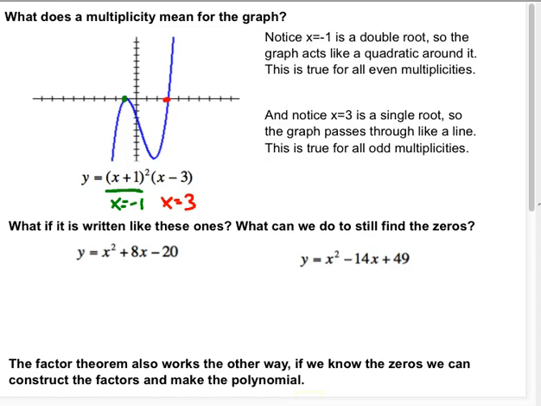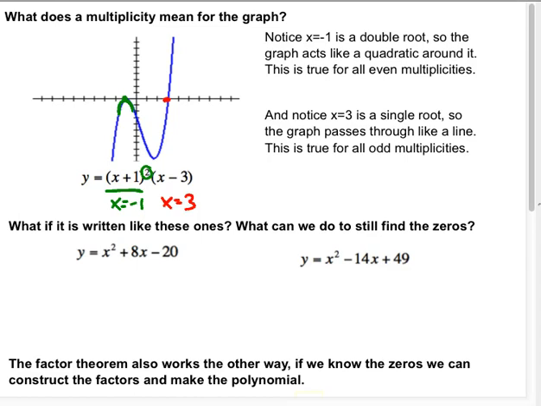Now, notice the difference in their behaviors, though. The green one I just put in has an exponent of 2. And notice how it's acting like a parabola. An exponent 2 acting like a parabola. It's actually not crossing. It's just touching the x-axis, turning around, giving that kind of parabolic shape.